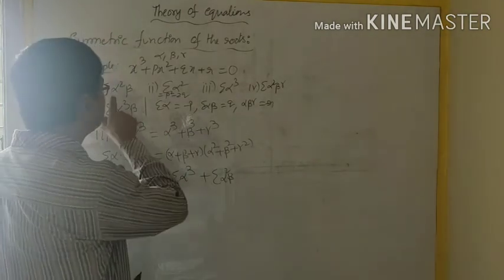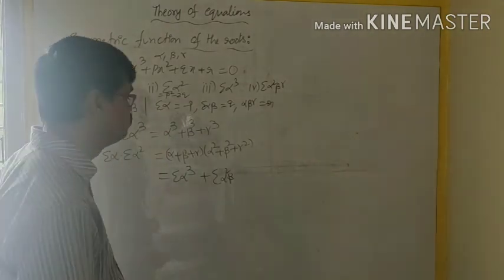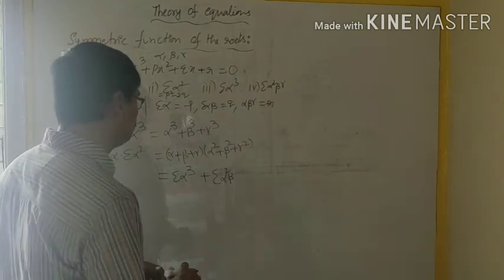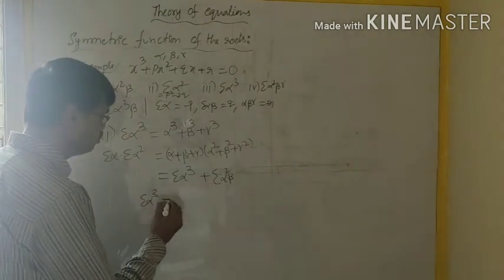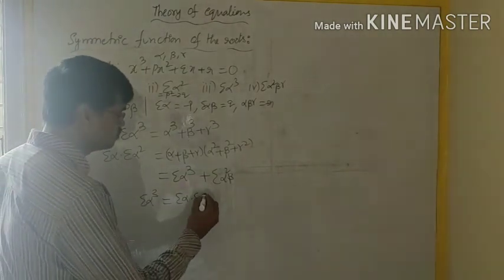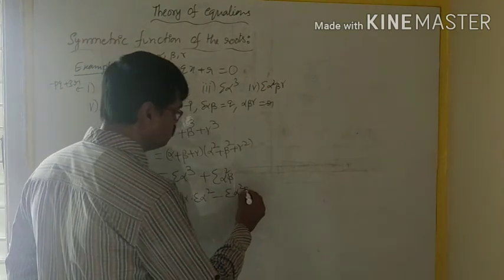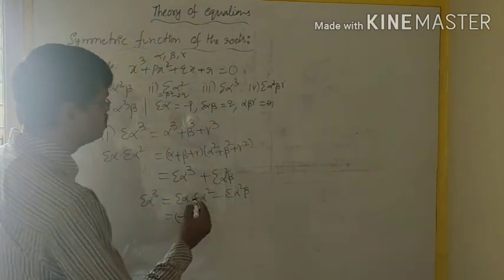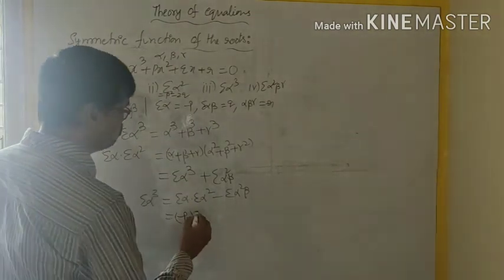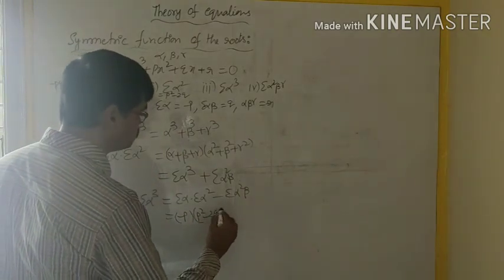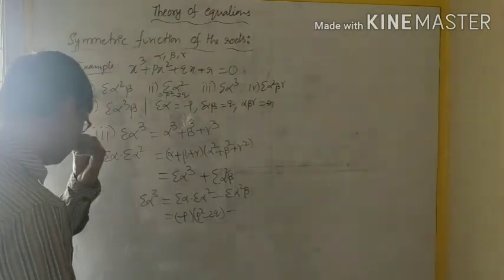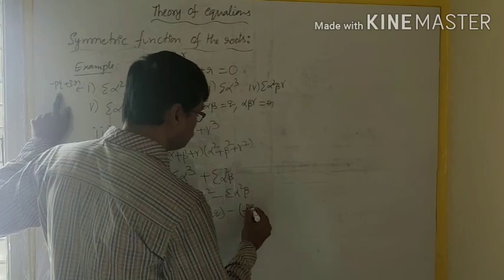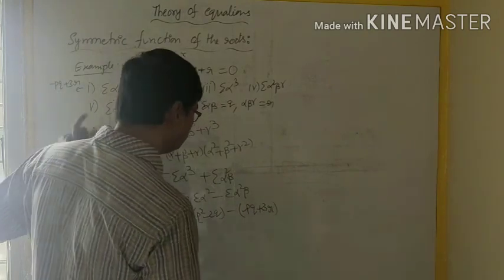Sigma alpha beta square or sigma alpha square beta, it's the same, because the given roots are alpha, beta, gamma. So alpha square beta and alpha beta square, anything is the same. So what will the value of sigma alpha cube be? Sigma alpha into sigma alpha square, minus sigma alpha square beta. Sigma alpha is minus p, into sigma alpha square value p square minus 2q, minus sigma alpha square beta, whose value is minus pq plus 3r.